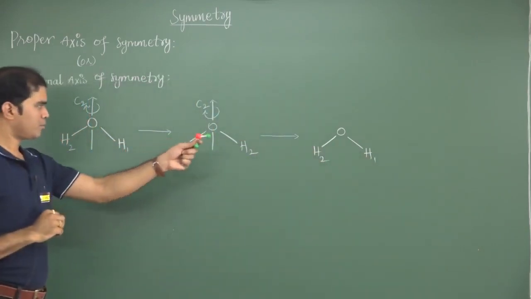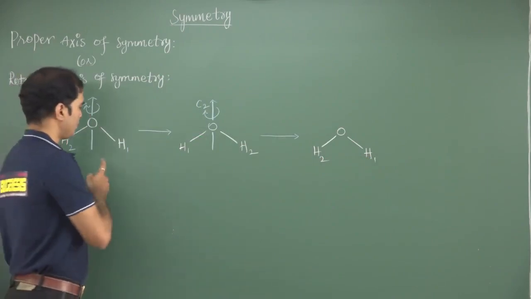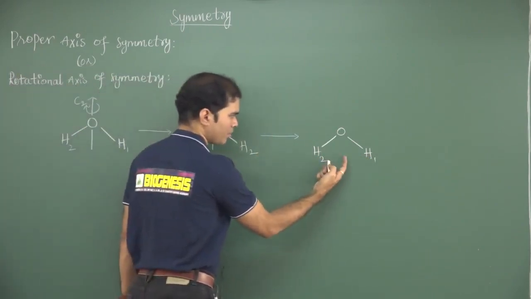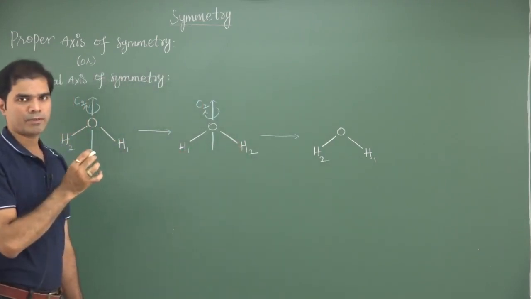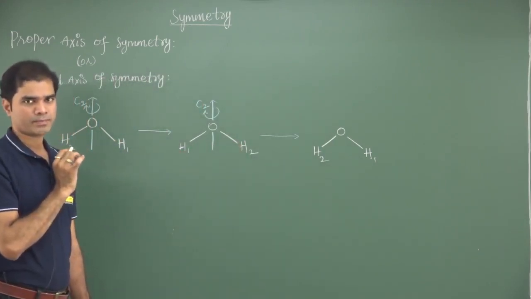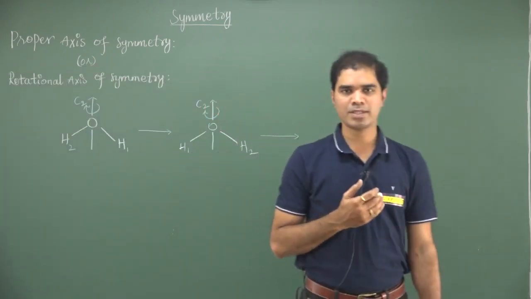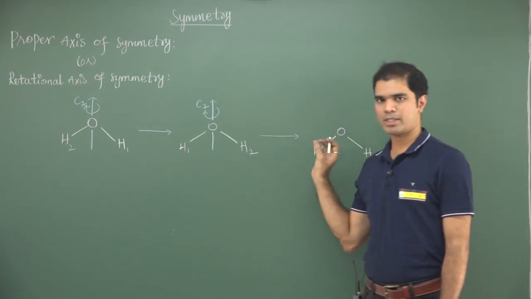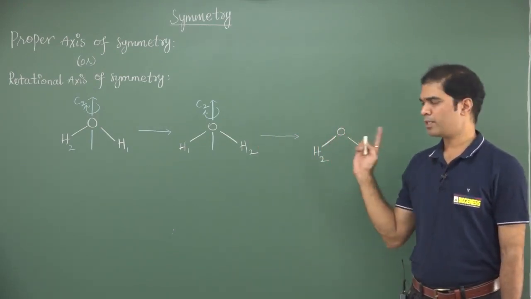So 1 is at the position of 1, we say it is an identical configuration. The first and the last structures will be identical. In between, whatever structures are generated will be equivalent structures. Whatever pair of configurations that you choose, only one pair will be called an identical pair, the first and the last.